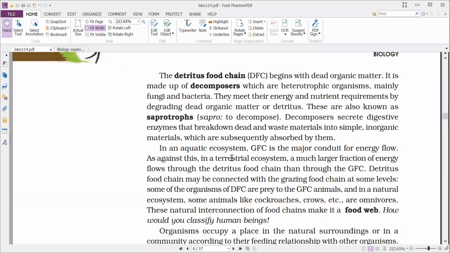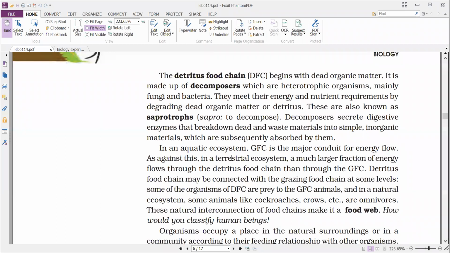As I already told you, there is another type of food chain, that is the detritus food chain. The detritus food chain begins with dead organic matter. That means the organisms which feed on dead organic matter.